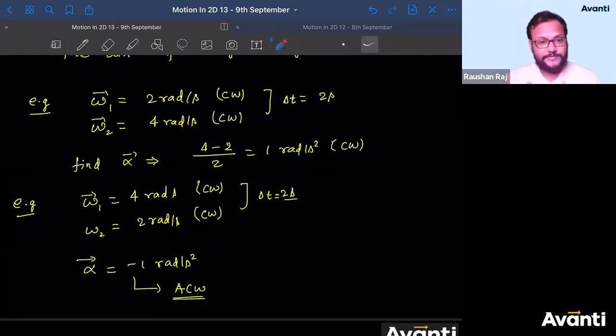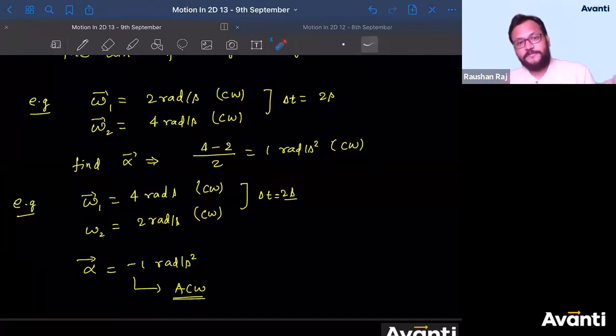You have to use the same similarity for circular motion also. If the signs of omega and alpha are same, what will you conclude from it? You will say the angular speed will increase.